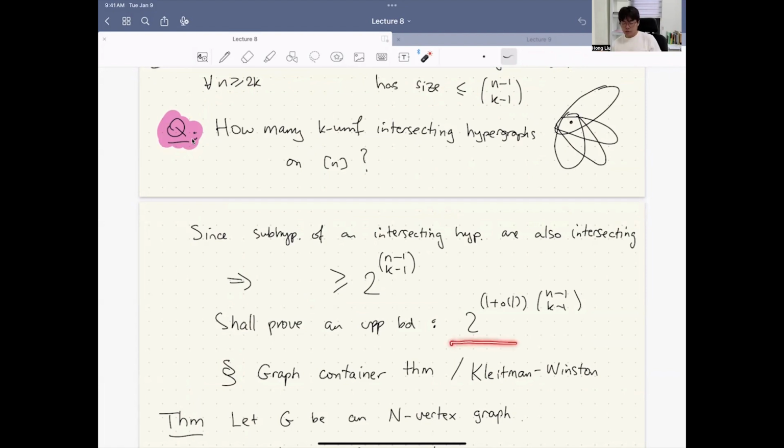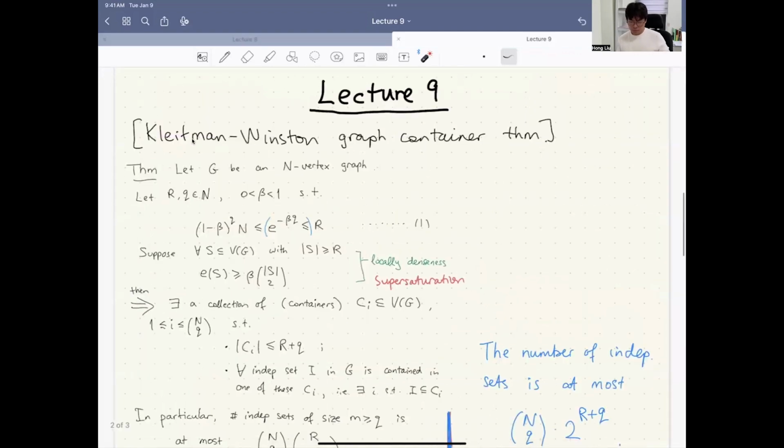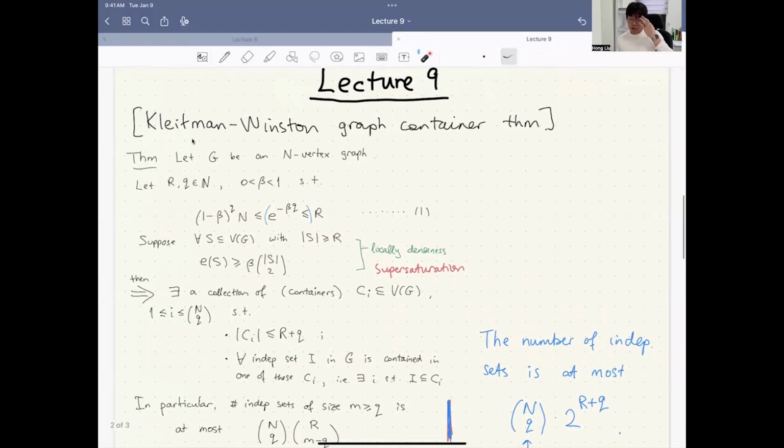We're going to see that the first application is to prove a matching upper bound, at least asymptotically in the logarithm, a tight upper bound. And since we are talking about graph containers for independent sets, we're going to phrase counting intersecting families in terms of counting independent sets.